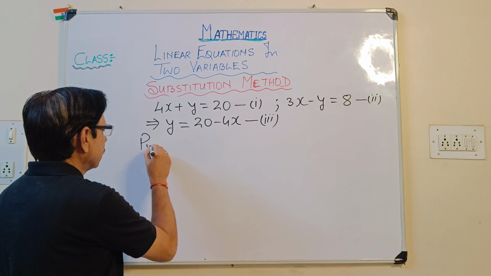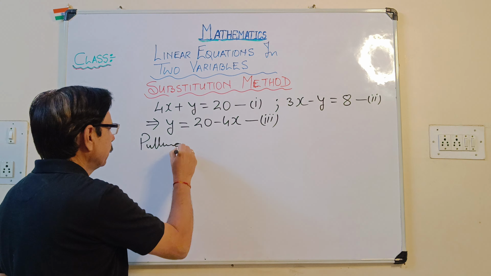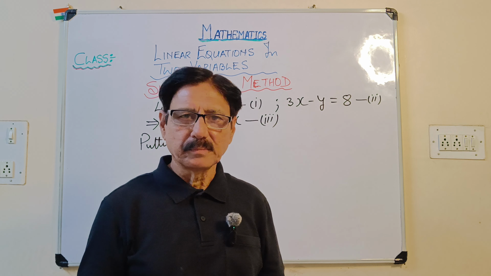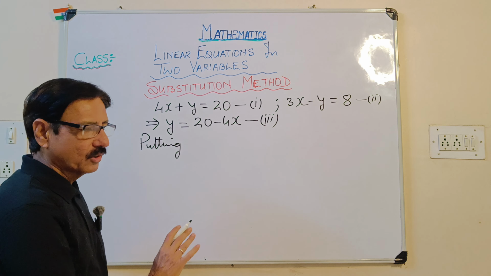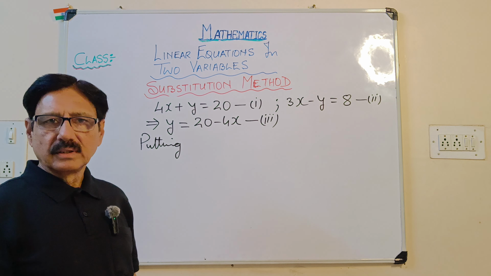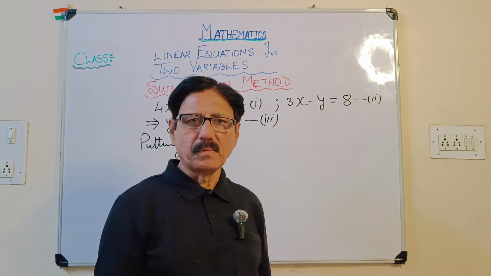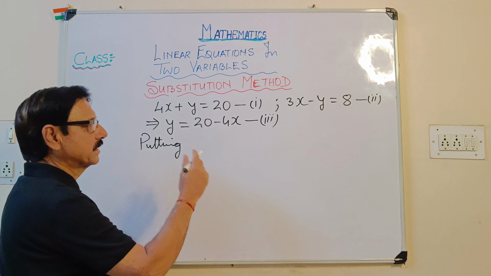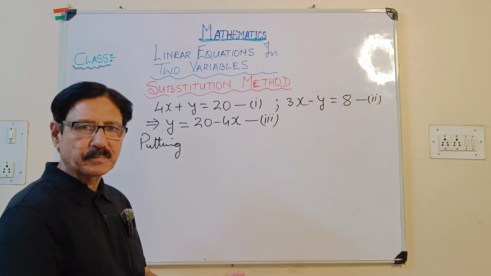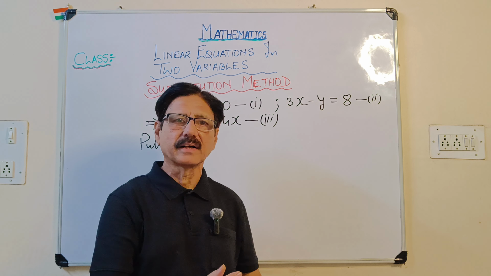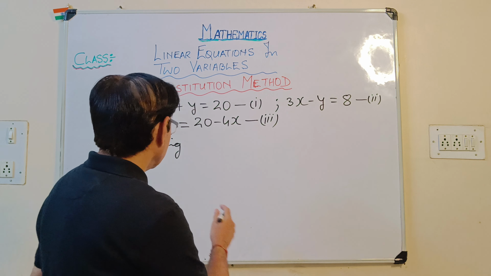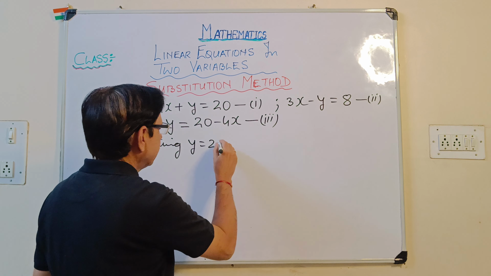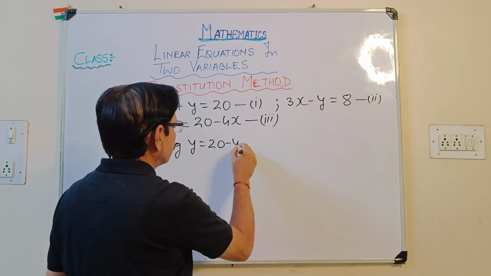So whatever the operation you are doing, you have to mention it also, especially in the board exams. Sometimes the students directly solve it, so the examiner may cut your marks. So it's better to explain every step to the examiner, right?